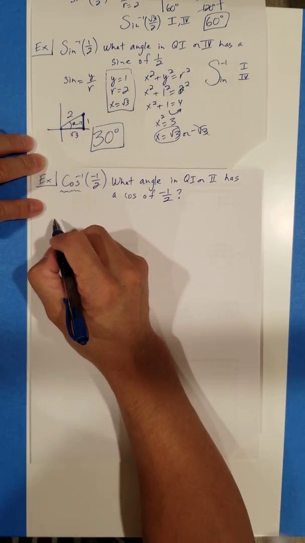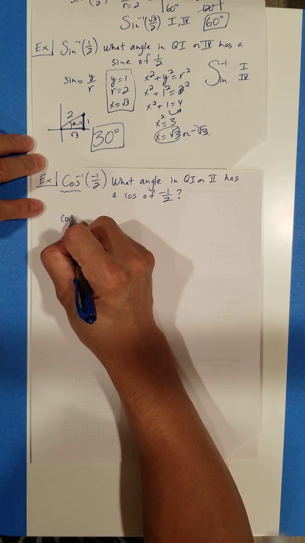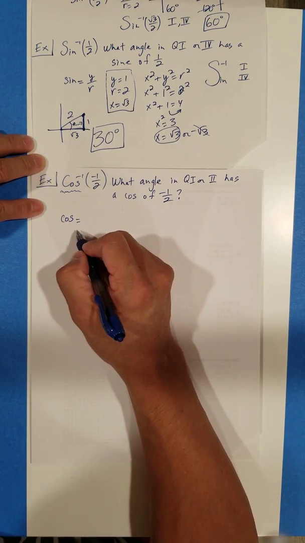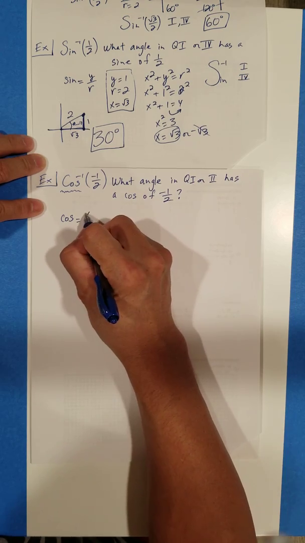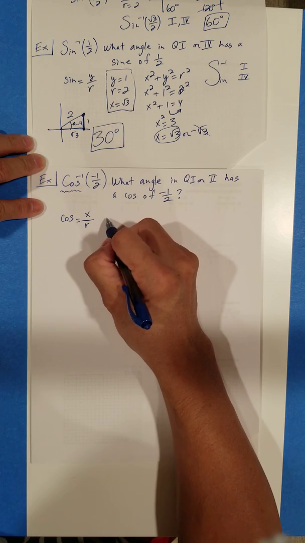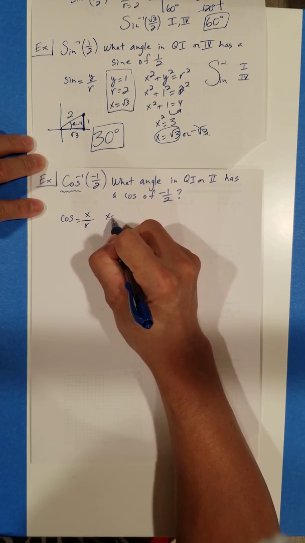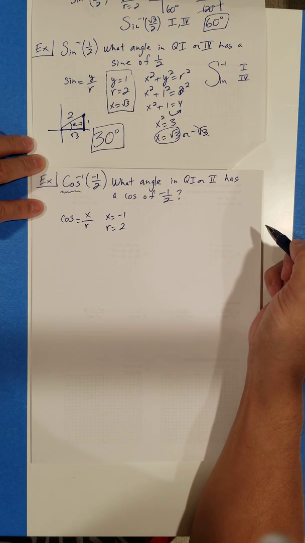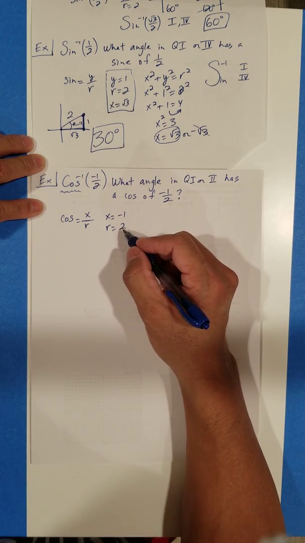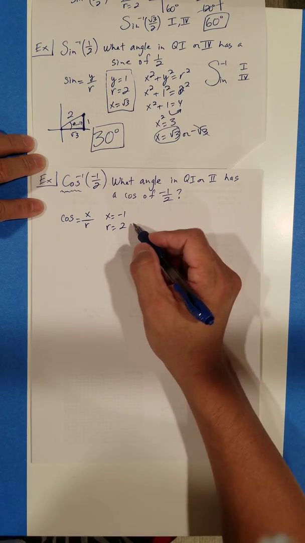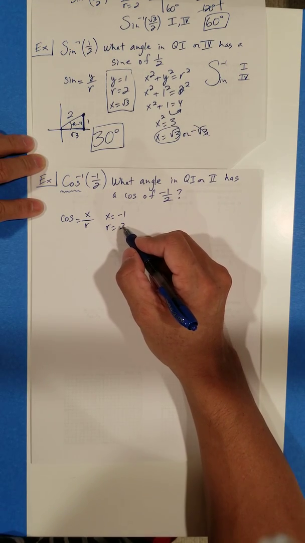So let's break this down. Cosine has 2 letters, right? What are the 2 letters for cosine? If you remember, cosine is x over r. So that means x equals -1, r equals 2. X is -1, r is 2. Now let's do Pythagorean theorem.